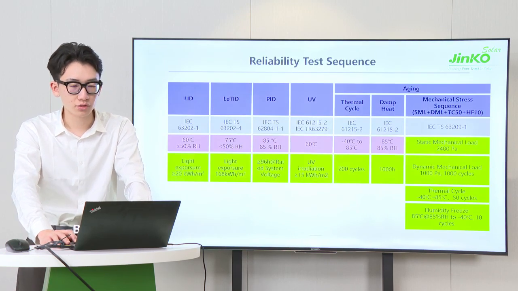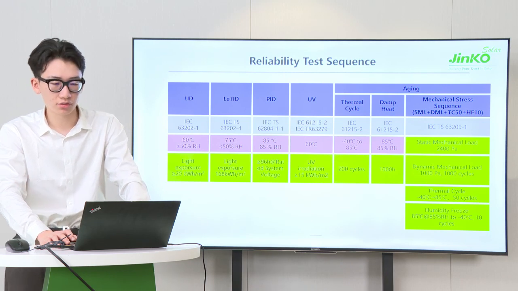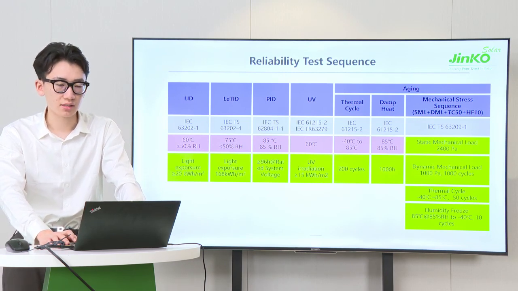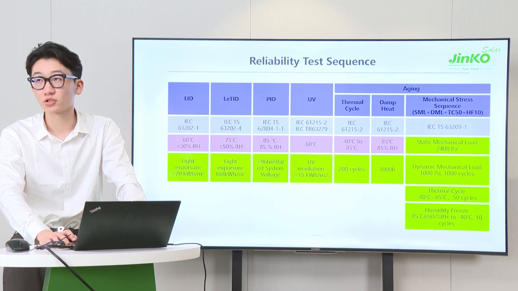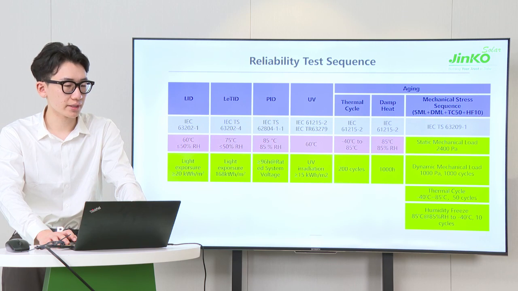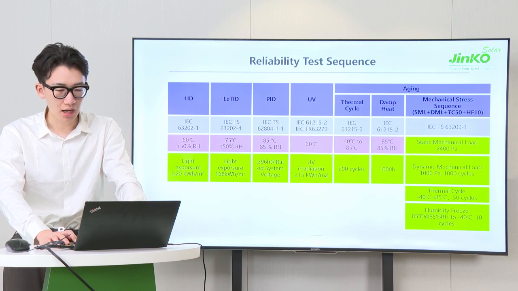For this PV module degradation, the IEC also defines the corresponding test methods. The LID test consists of a series of light exposure intervals of equal irradiance above 5 kWh per square meter.